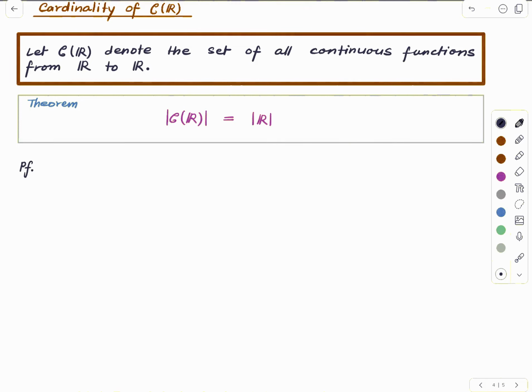So define a map from this set to the set of all the maps from rationals to reals. Call this map phi. And what is the map? The map takes a continuous function to its restriction to rationals. And by the previous proposition, this is an injective map.